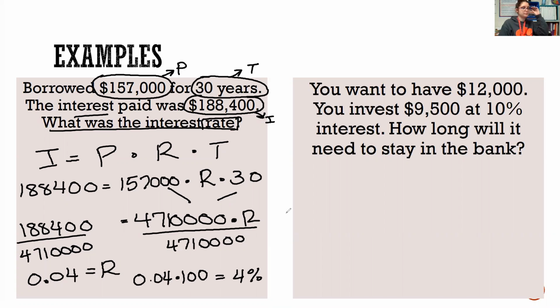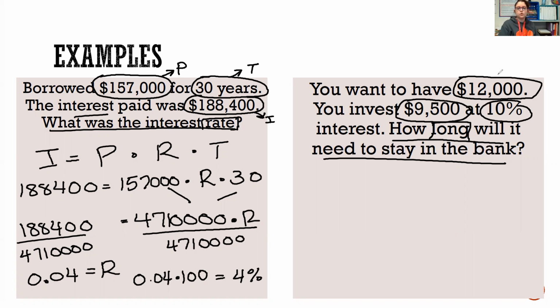Okay, last problem. You want to have $12,000. You invest $9,500 at 10% interest. How long will it need to stay in the bank? So how long, we're looking for our time. So you want to have, this is your total.